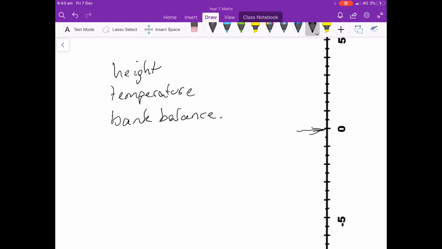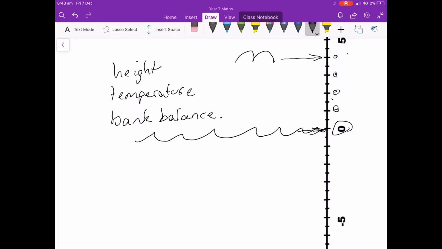Well, obviously the 0 here in the middle, that would be at the ocean level. That's 0. So we might have a bird flying up here. He would be approximately at that tally mark, that dash there on the number line, which would be 1, 2, 3, 4. So he would be at approximately 4 meters if this number line was in meters.